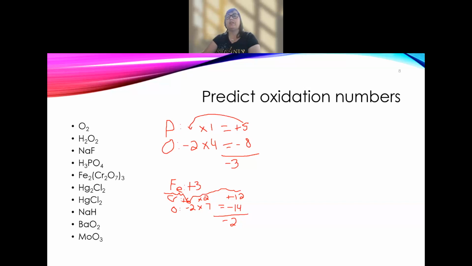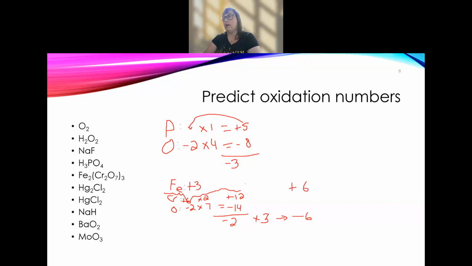So since Cr2O7 is a 2 minus, I have a 2 here, that means that in order for that negative 6 to be equal, because that's what that gives me, with this negative 2 times 3, that gives me a negative 6. And I know that with the irons, I have to end up with a positive 6 to make that a neutral compound.